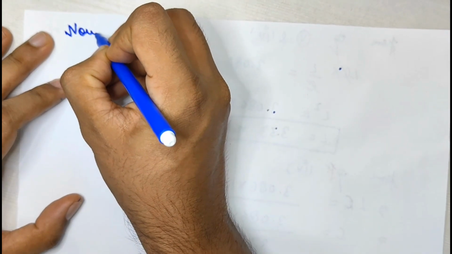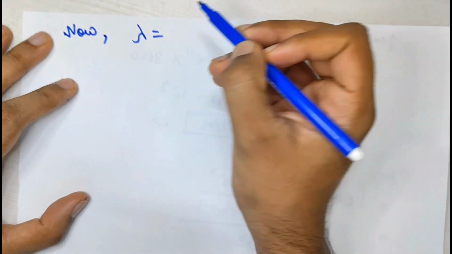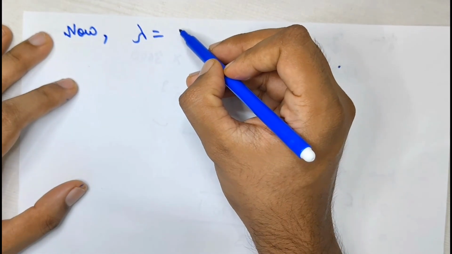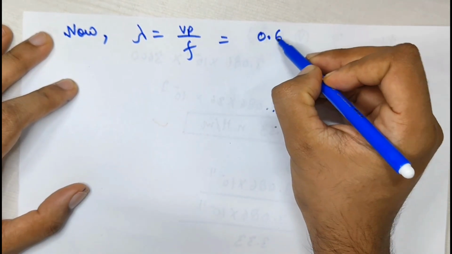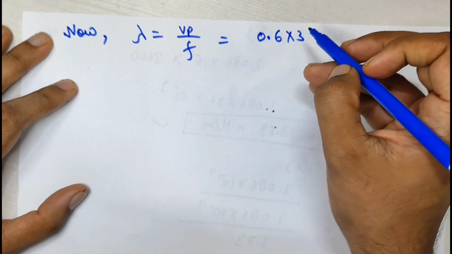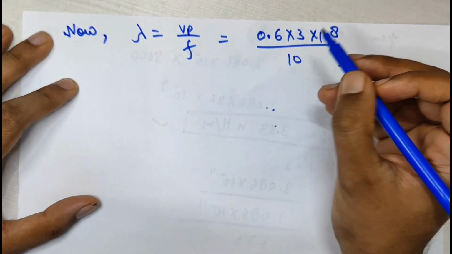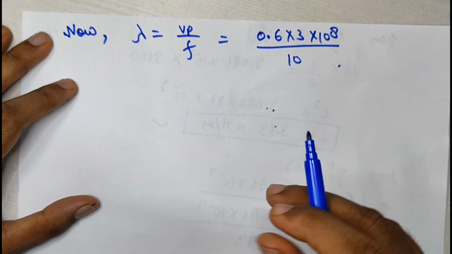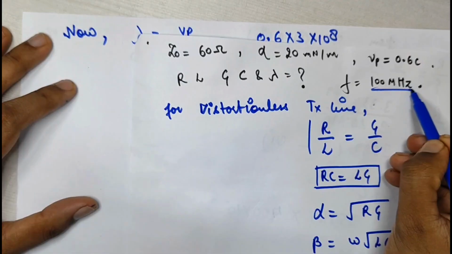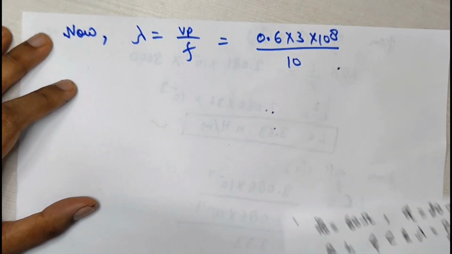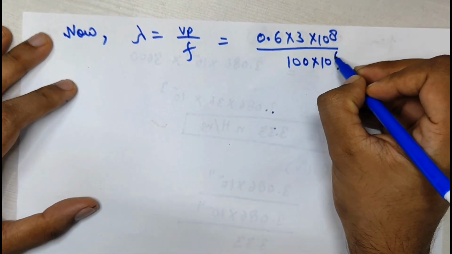Now we have to get the very last part, that is lambda. Lambda is equal to Vp by F. What is the value of Vp? 0.6 C. What is the value of C? That is 3 into 10 to the power 8. What is the frequency? Frequency is given as 100 megahertz. We have the value of Vp that we have calculated, so lambda is 0.6 into 3 into 10 to the power 8 by 100 into 10 to the power 6.